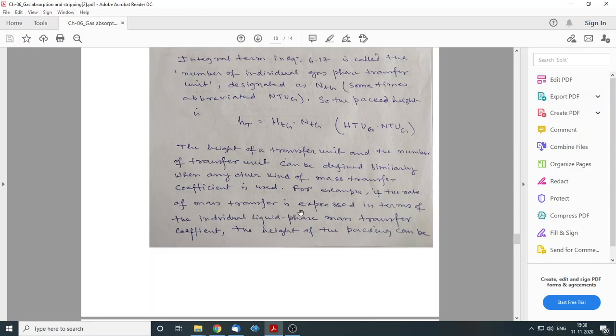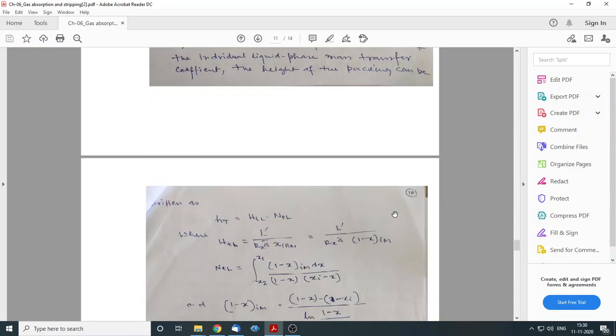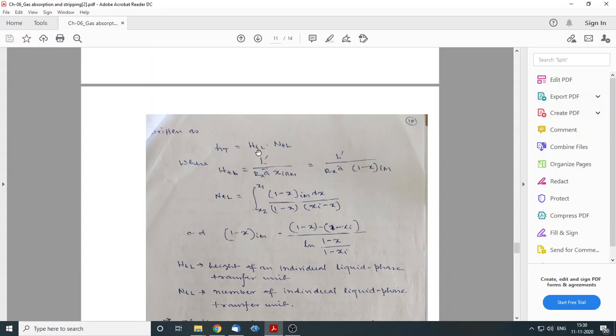But you can take liquid phase or overall, whatever, it is possible to calculate. For example, if the mass transfer is expressed in terms of the individual liquid phase mass transfer coefficient, the height of the packing can be written as HTL times NTL. So that is the height of transfer unit based on the liquid phase.